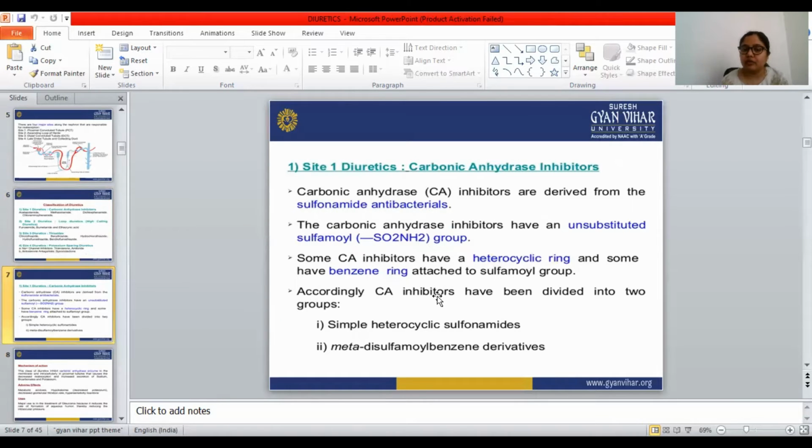Accordingly, carbonic anhydrase inhibitors have been divided into two groups: simple heterocyclic sulfonamides and meta-disulfonyl benzene derivatives.